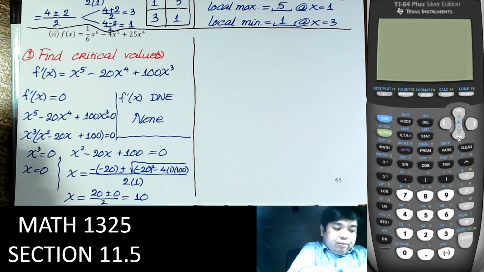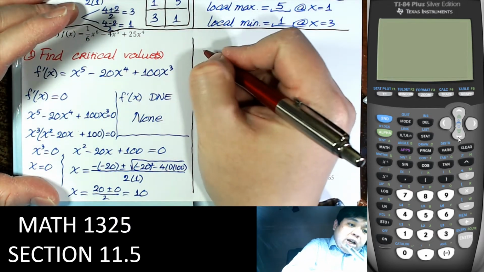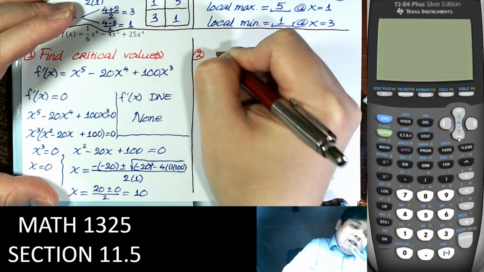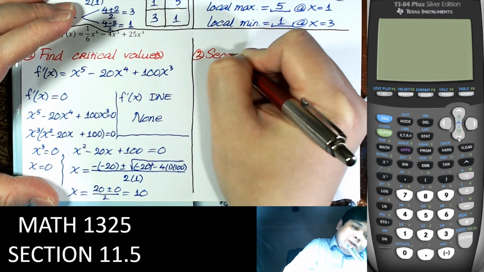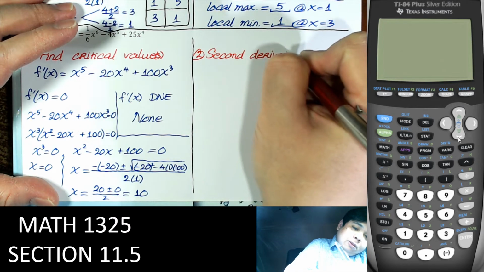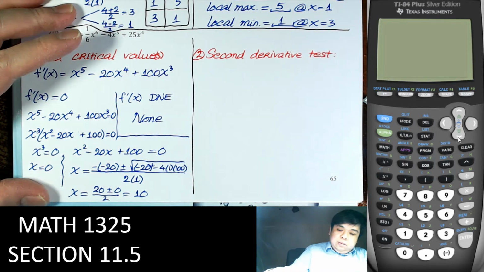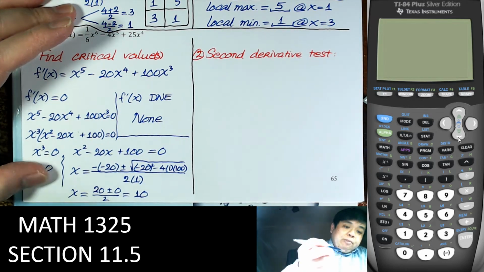Right. Next, we construct a table. I mean, the second derivative test. So 0 and 10, right?